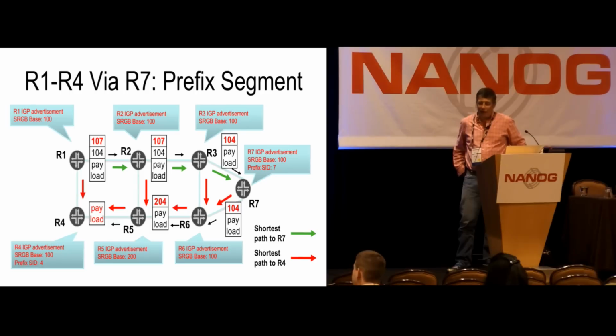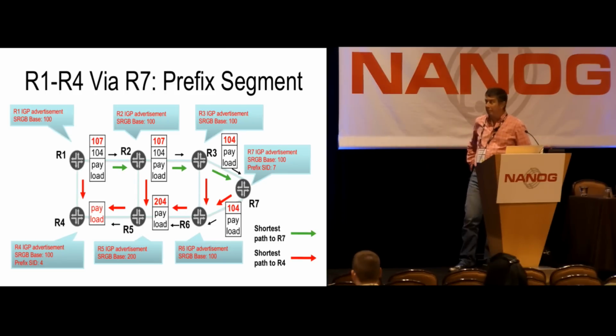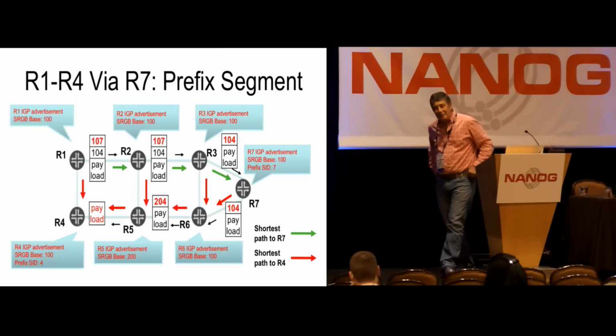If you see the packet that arrives at R5, it travels with 2 members on the stack from 1 to 2, 2 members on the stack from 2 to 3, and 3 pops 1. So 7 starts processing label 107. He sends it to 6, and 6 swaps that 104 to 204. Why does he do that?